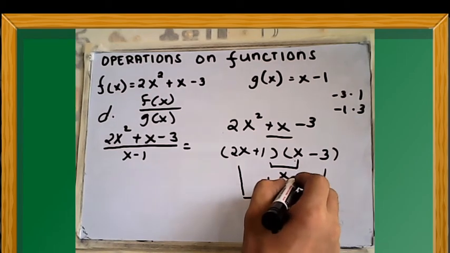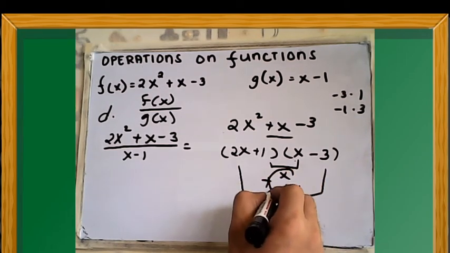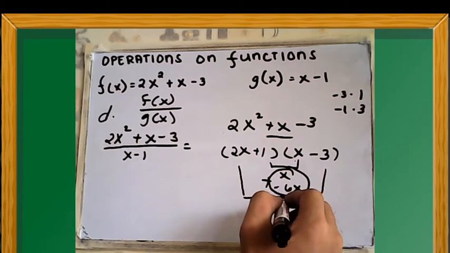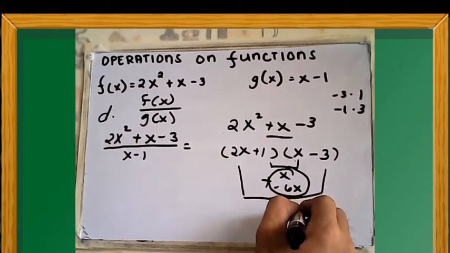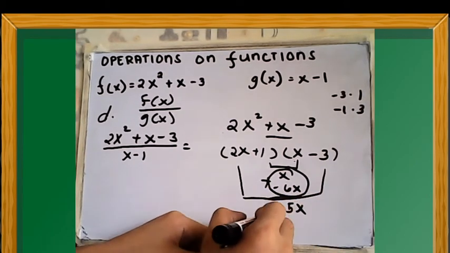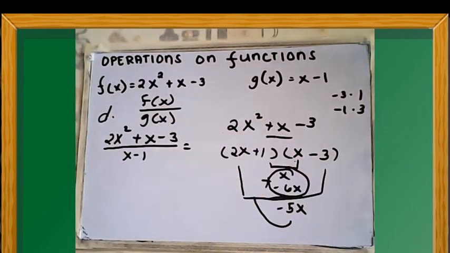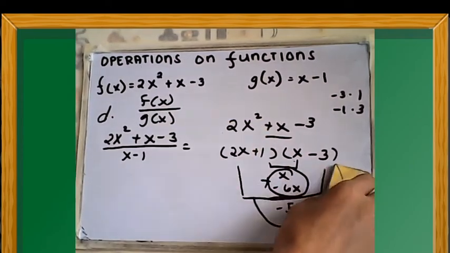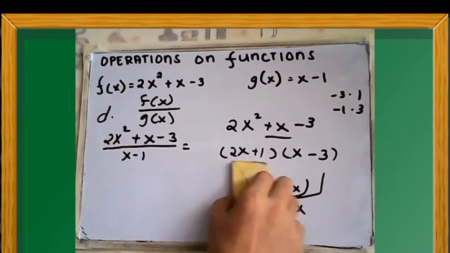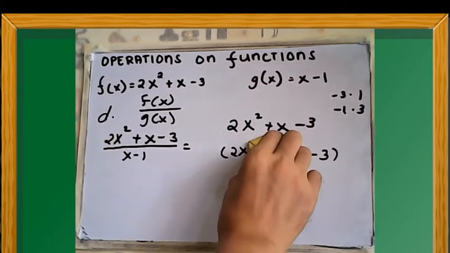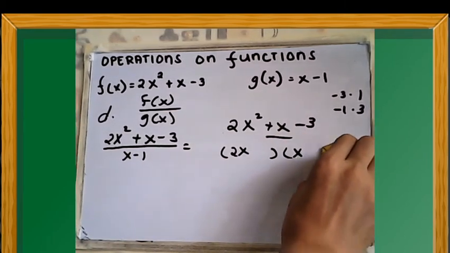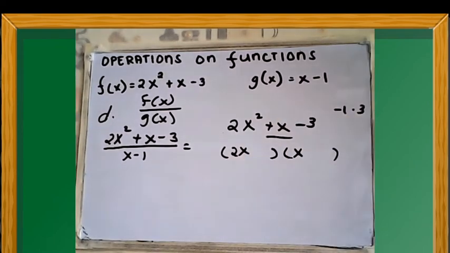So pag-add natin itong dalawa, x plus negative 6x, so that is negative 5x. So hindi siya the same dito sa middle term, which is positive x. So mali rin yung 1 and negative 3.